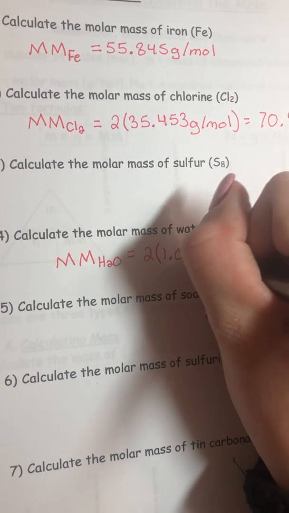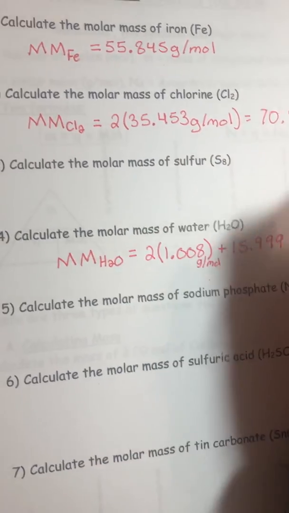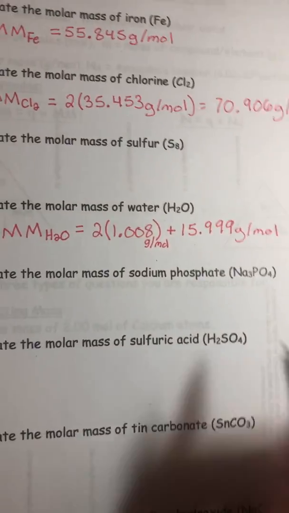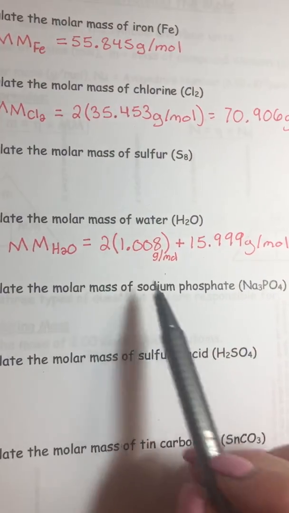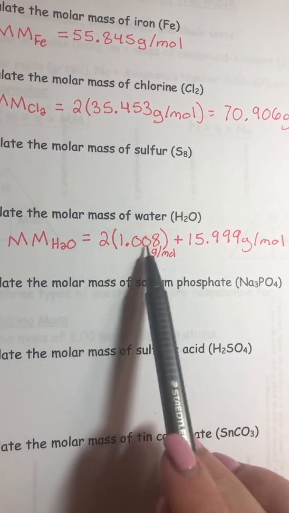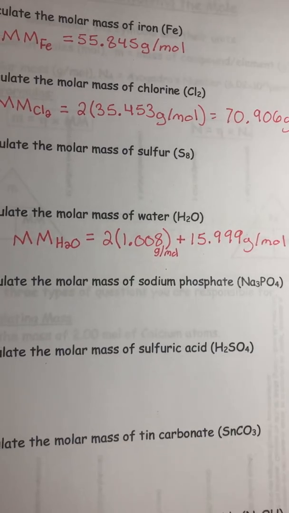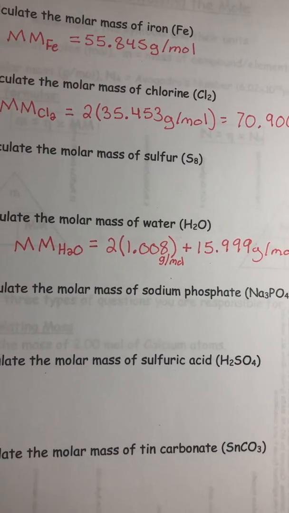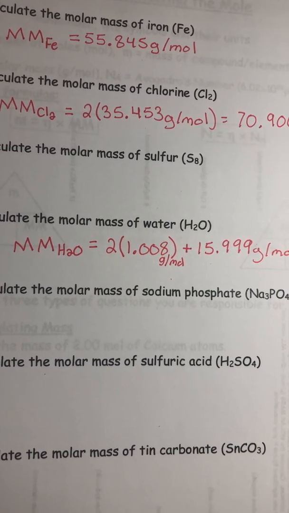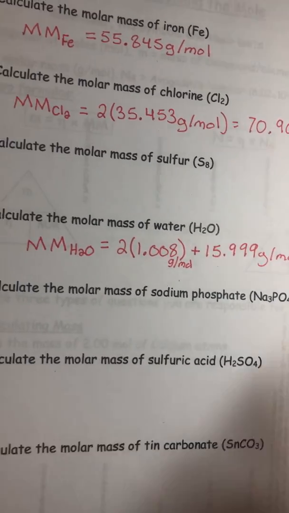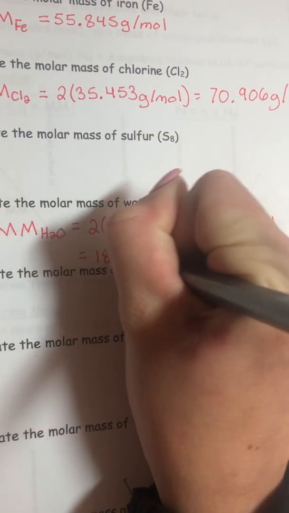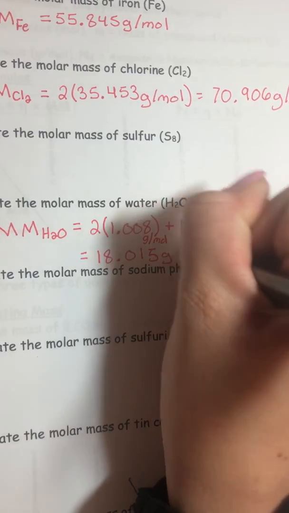Oh, and I forgot my units, which is not good. There we go. You're first going to multiply, because you have to remember BEDMAS, so multiplication comes before addition. So I'm going to multiply this, and then add them together. And I get 18.015. So my molar mass of H2O is 18.015 grams per mole.